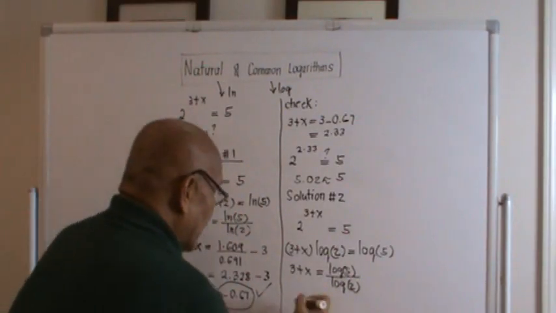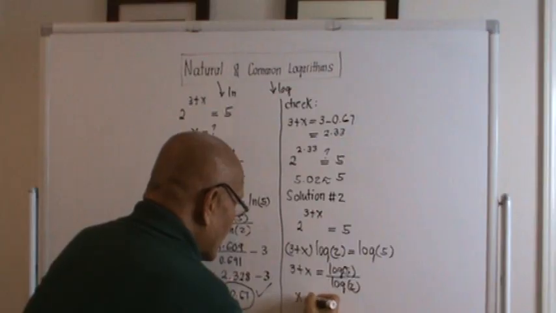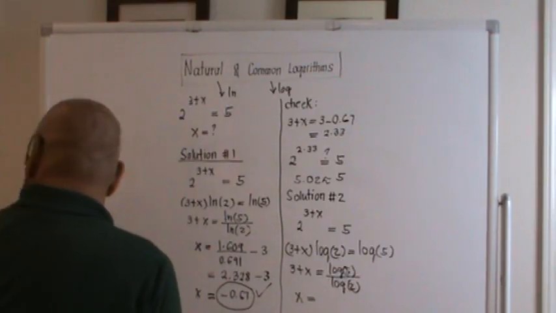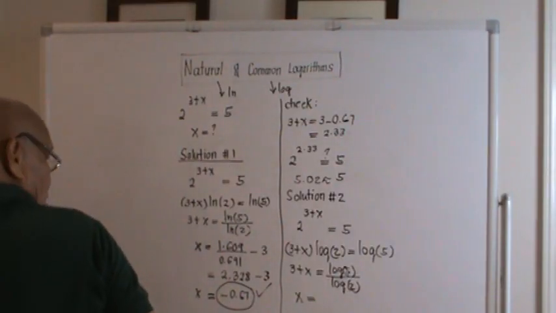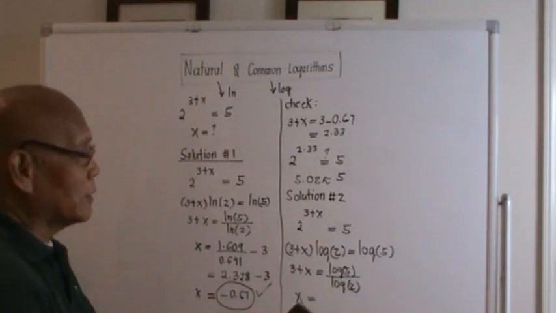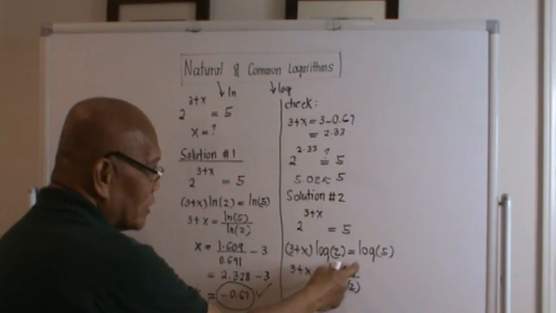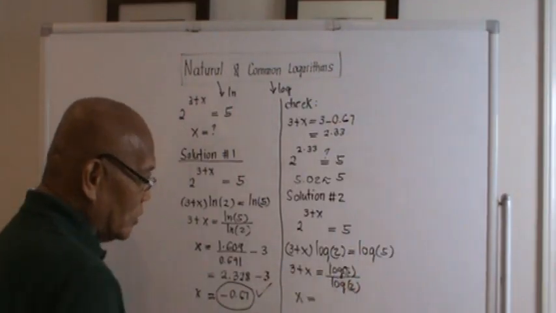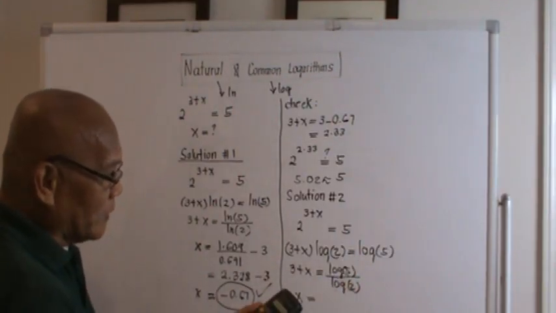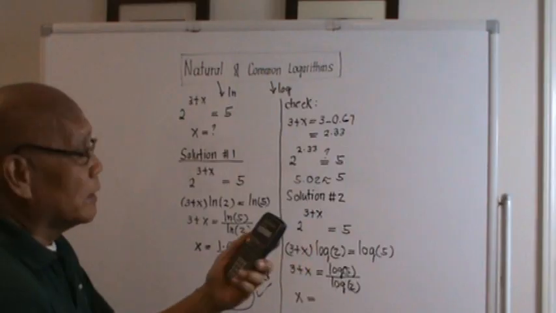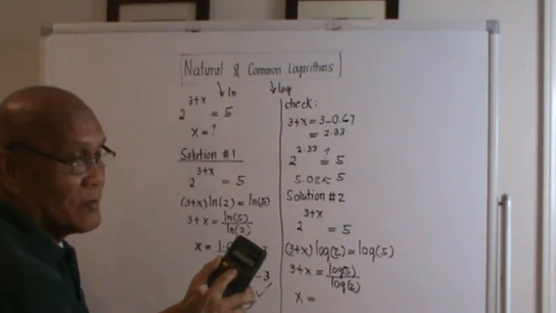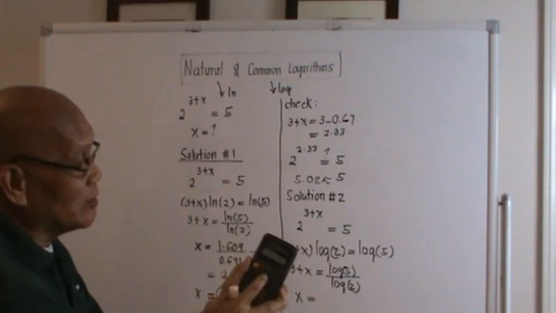Okay, and x now will be equal to, again, we will be using our calculator here in taking the value of the common logarithm of 5 and common logarithm of 2. So we'll just display 5 here and we'll press the simply log on the scientific calculator.